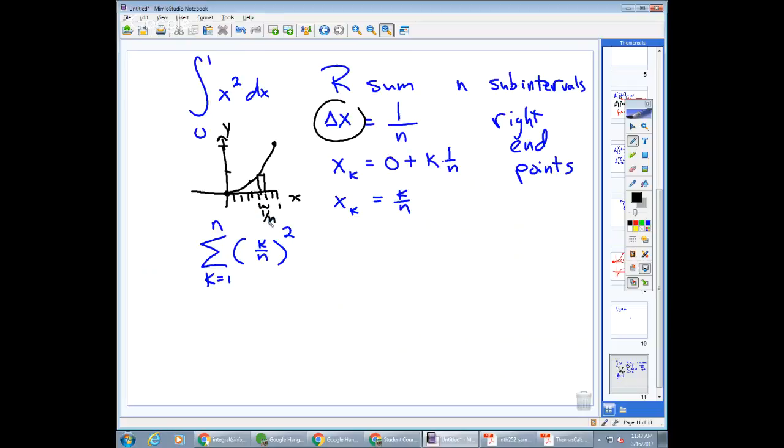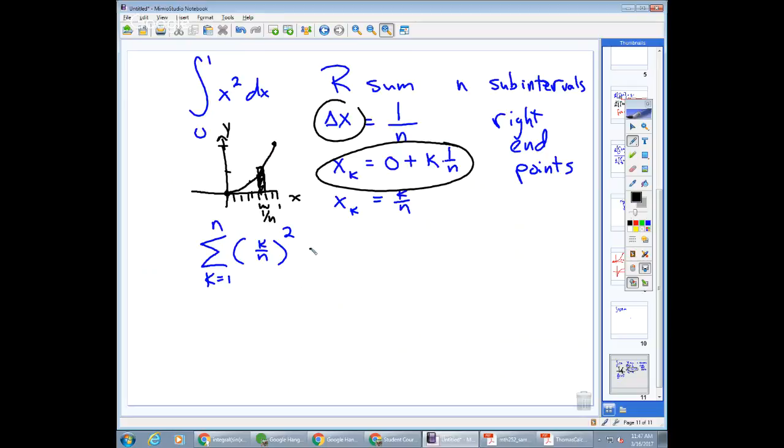As I move along, starting at 0, I keep adding 1 over n, then another 1 over n, then another 1 over n, right? That's where I got this formula from. At any point, if I want the height of this rectangle, and that's a right-hand endpoint, so it should be way up there, I just plug in the particular x value I have. In this case, it's the kth interval, so it's k over n.